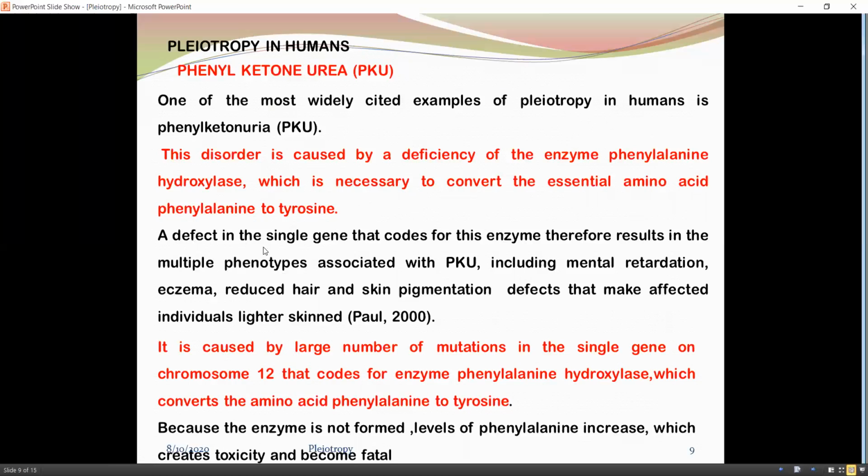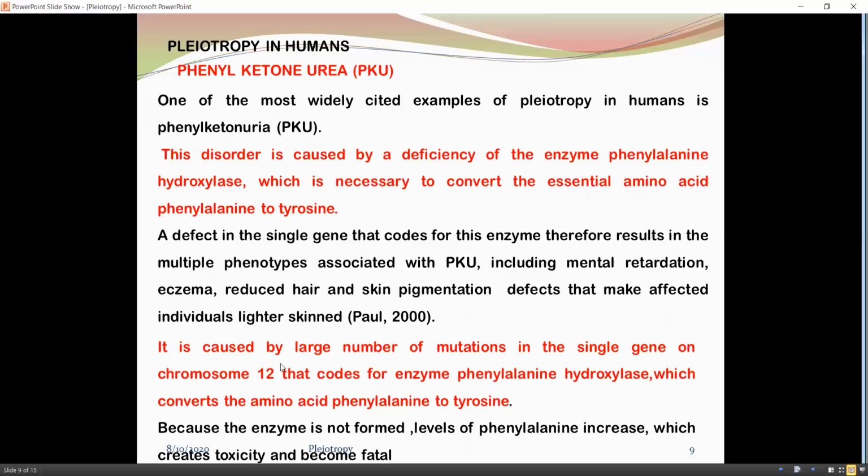A defect in the single gene that codes for this enzyme therefore results in the multiple phenotypes associated with PKU, including mental retardation, eczema, reduced hair and skin pigmentation, defects that make the affected individual lighter skinned, as reported by Paul, 2000.